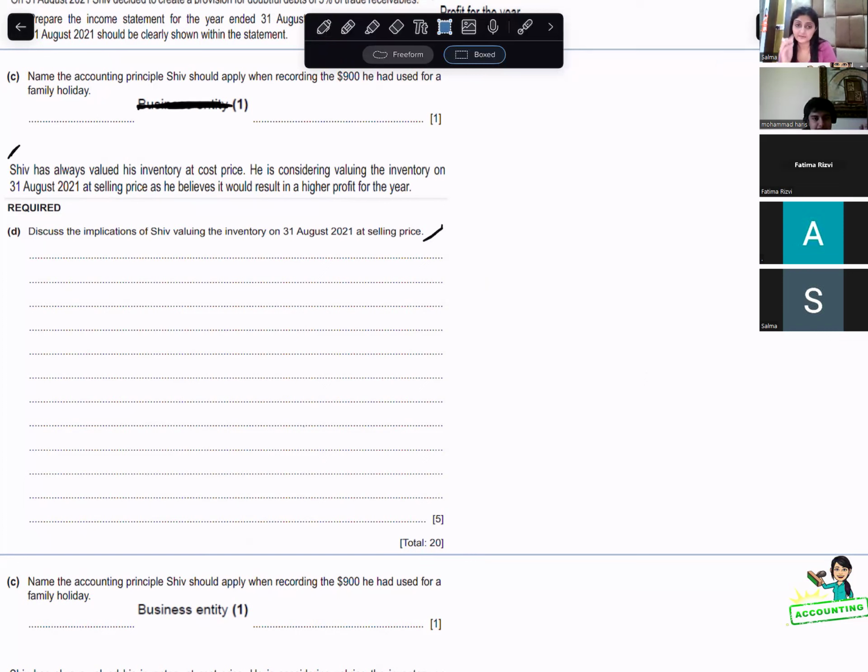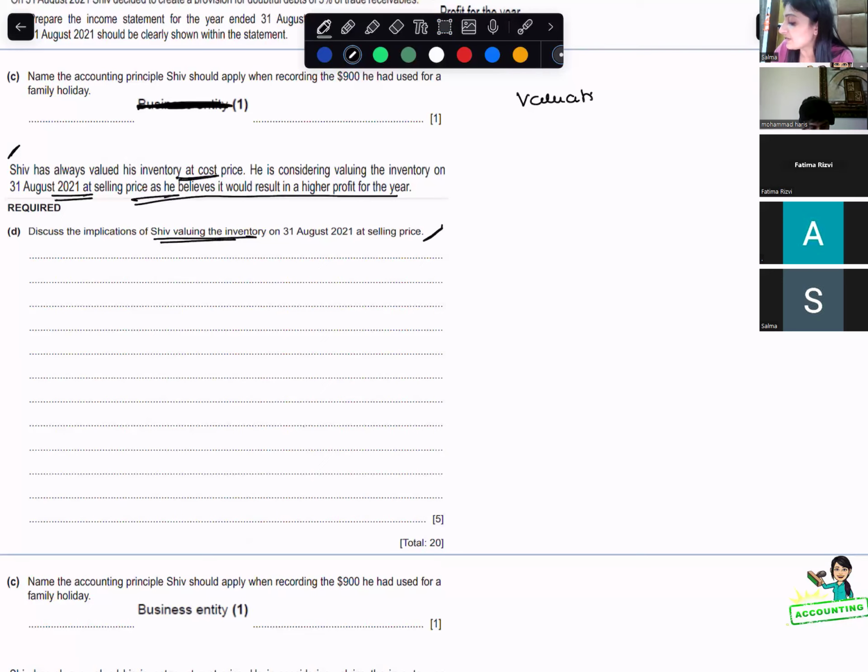Shiv has always valued his inventory at cost price. He is considering valuing the inventory on 31st August 2021 at selling price as he believes it would result in a higher profit for the year. Discuss implications of Shiv valuing inventory. Anybody remembers the principle of valuation of inventory? Prudence.